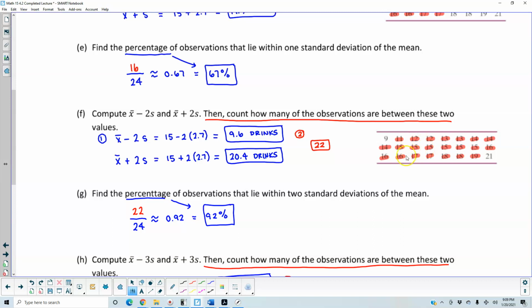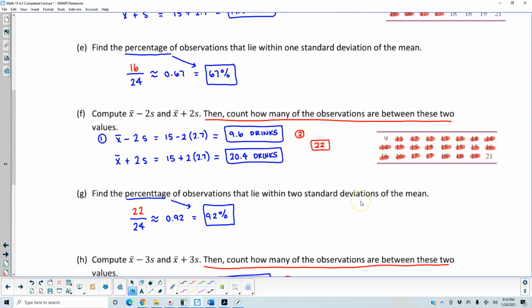If we count all the numbers between 9.6 and 20.4, 9 is lower than that number, so we can't include it, and 21 is above this number, so we cannot include it. That means all of the numbers from 11 to 19 are within 2 standard deviations of the mean.